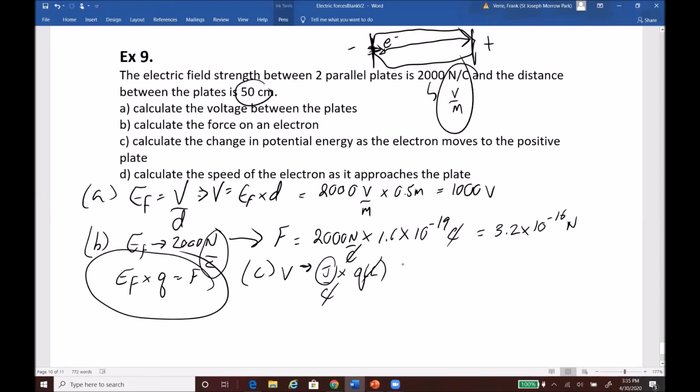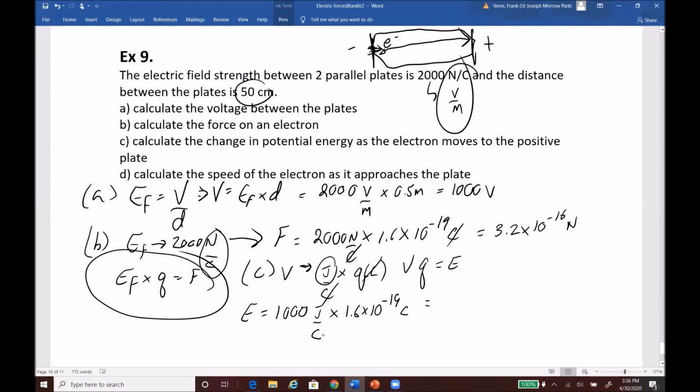So voltage times Q would be the energy acquired by the electron as it flies through the cathode ray tube. So the amount of energy would be the voltage, which we just said was 1,000 volts, which is the same as 1,000 joules per coulomb, times the charge of the electron, which is 1.6 times 10 to the minus 19 coulombs.